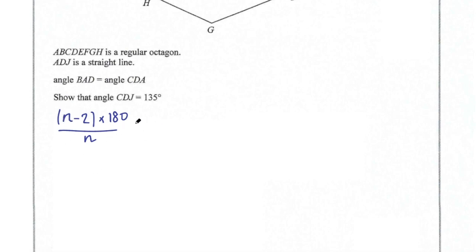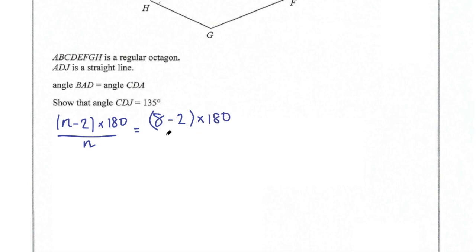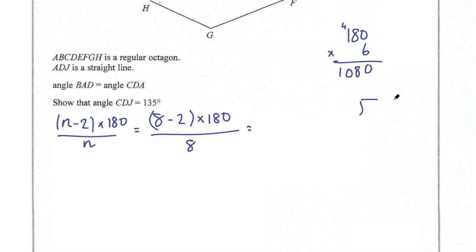But n stands for the number of sides in the polygon here, so we substitute 8 in for n, so we get 8 minus 2 times 180 divided by 8. And so that's going to be 6 times 180, and we have to do this without a calculator, remember, so 6 times 180, that's 0, 48, carry the 4, 1 times 6 is 6 plus 4, that's 10. And then we need to do 1080 divided by 8.